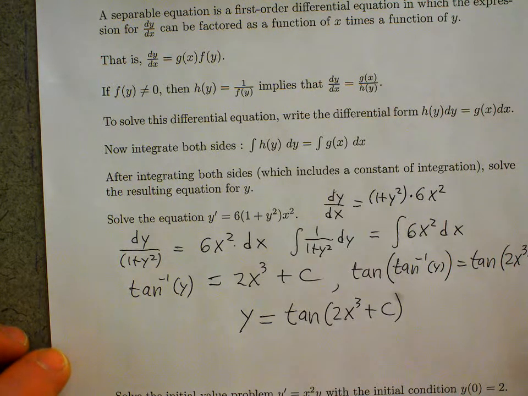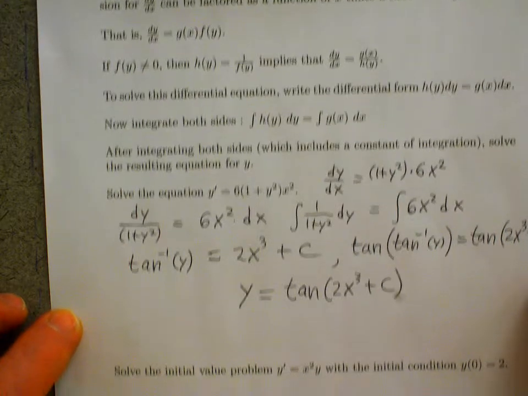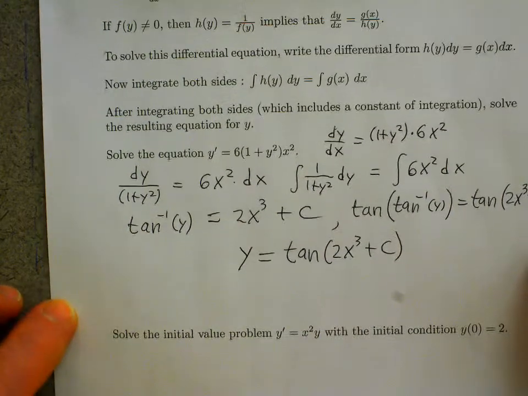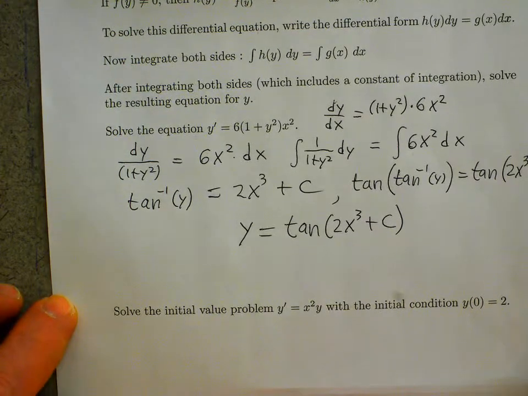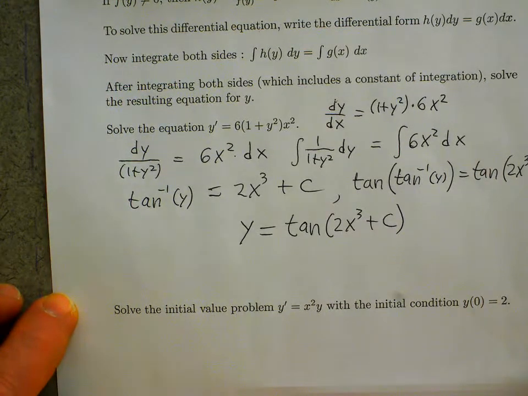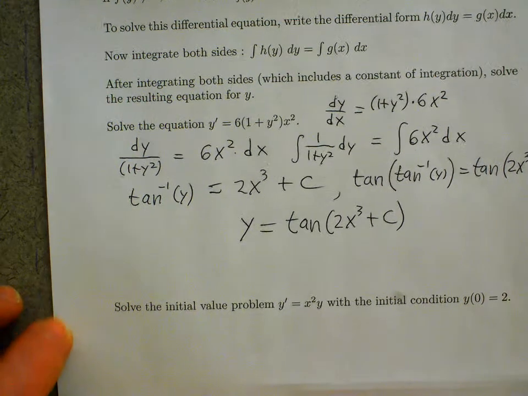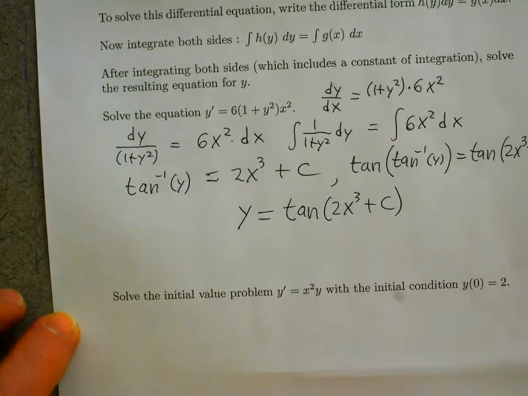Okay, let's try the next example. Solve the initial value problem, y prime equals x squared times y, with the initial condition y of 0 equals 2.